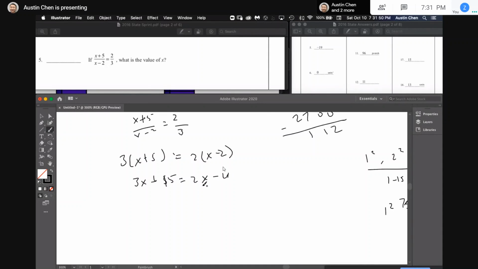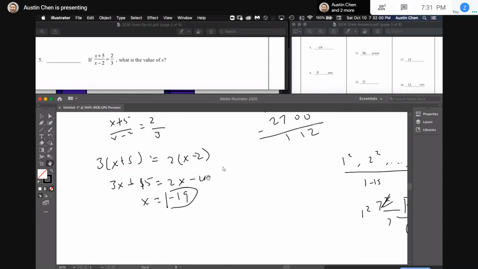We move x to one side and constants to the other, and we get x equals negative 19. That's just negative 19.